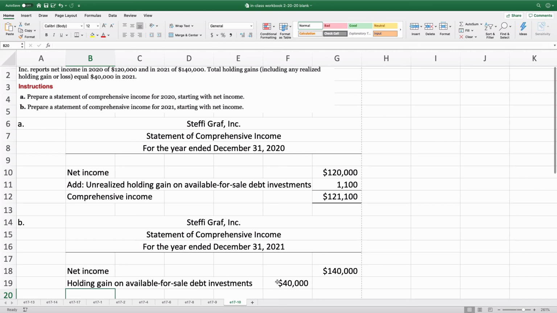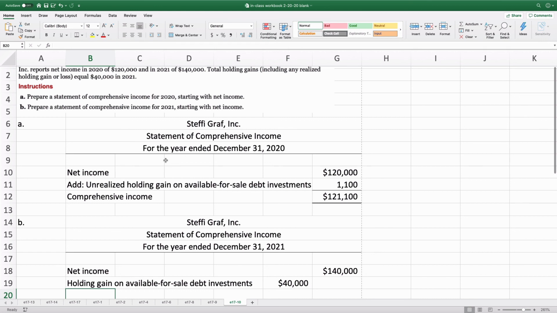So that $2,400 was included as a loss, because it was a $2,400 loss in the prior year.